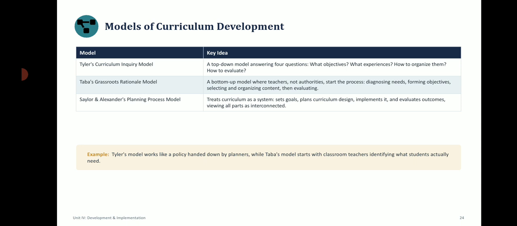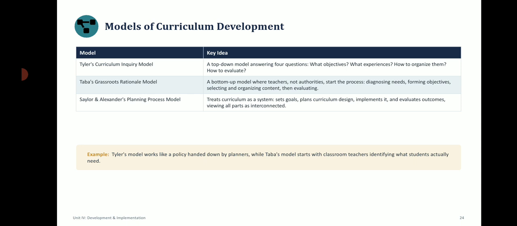Now we come to Taba's grassroots rational model, that is a bottom up model where teachers, not authorities, start the process: diagnosing needs, forming objectives, selecting, organizing, evaluating. Whatever phases we see, the phases of curriculum development, are related to this bottom up model.